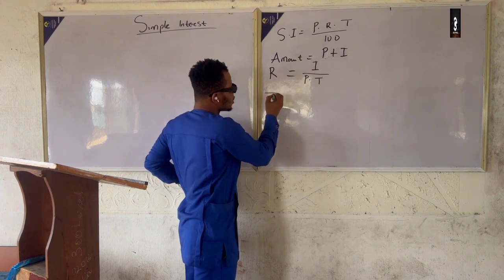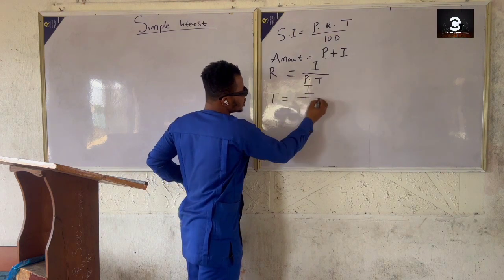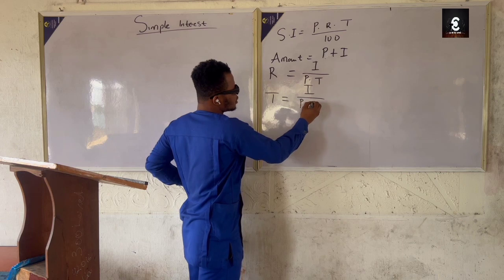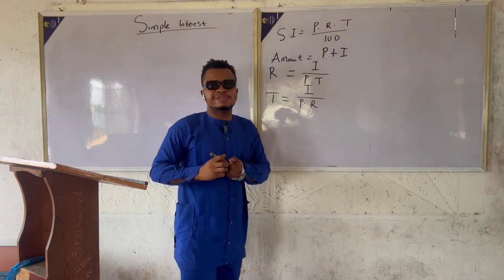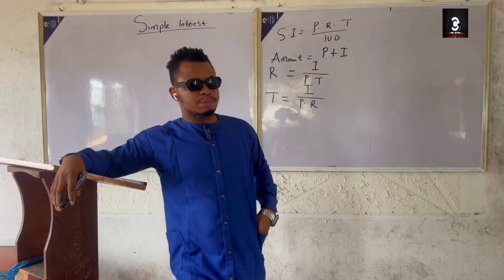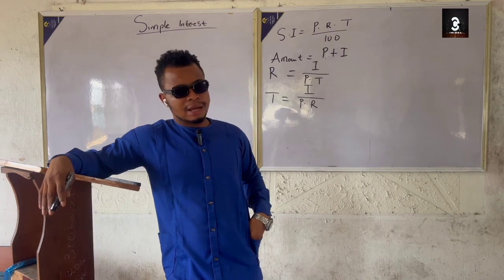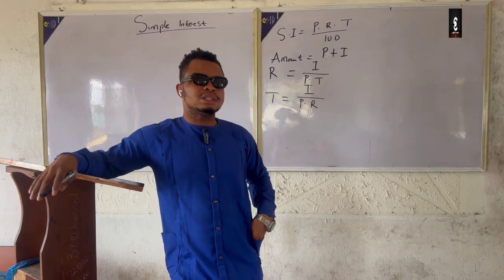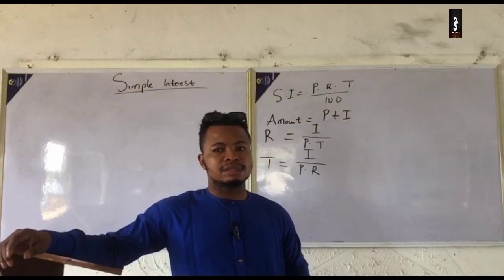If I want to calculate the time period, it is the interest the examiner has given to me over the principal times the rate. These are the major issues we see in the finance world: the principal, which is the amount you borrowed, the interest, the rate and the time. Okay, let's quickly look at a question on the calculation of simple interest.